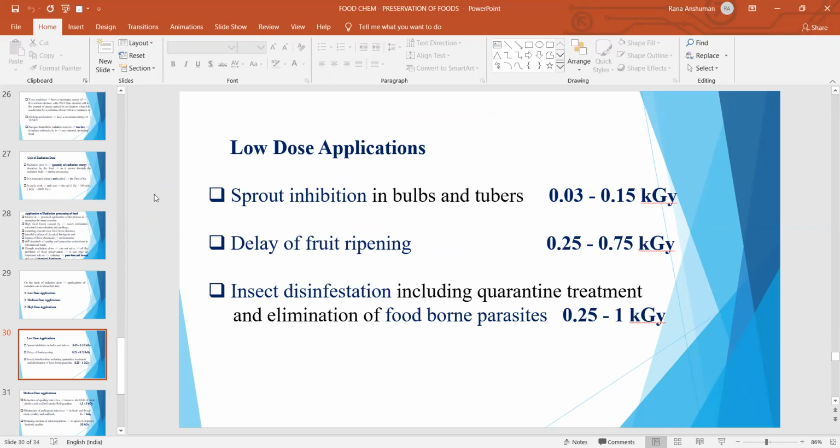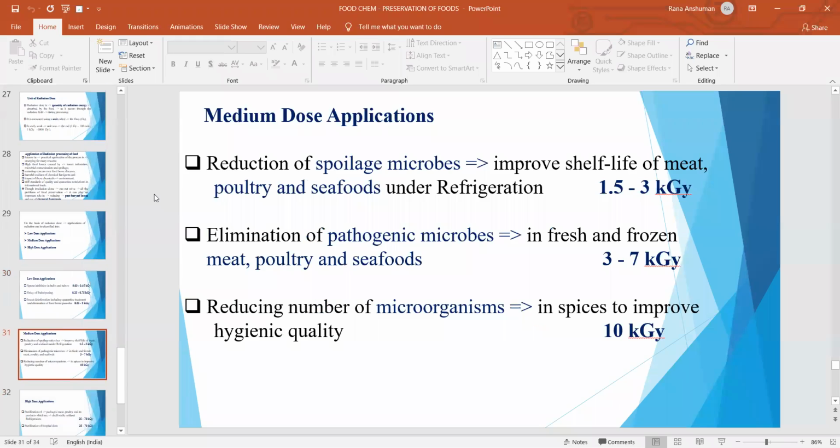It is used at the level of 0.03 to 0.15 kilogray for sprout inhibition in bulbs and tubers, at a level of 0.25 to 0.75 kilogray for delaying of fruit ripening, and at a level of 0.25 to 1 kilogray for insect disinfestation, including quarantine treatment and elimination of foodborne parasites.